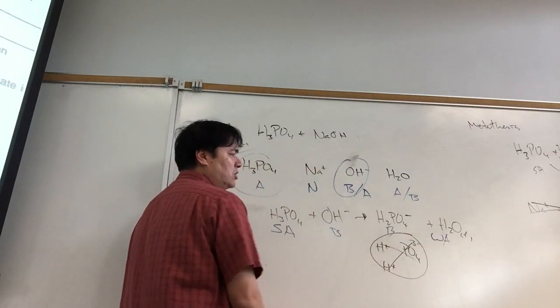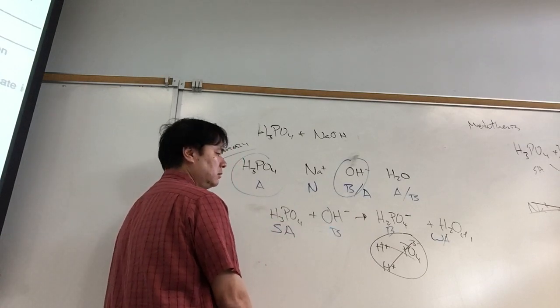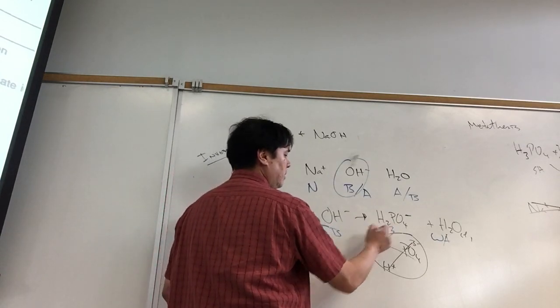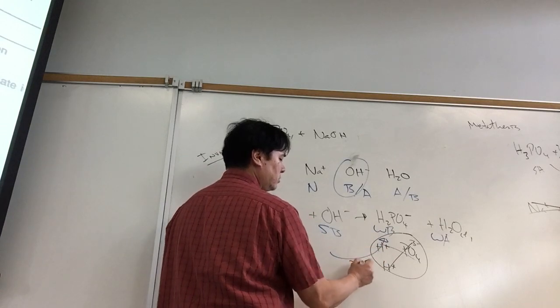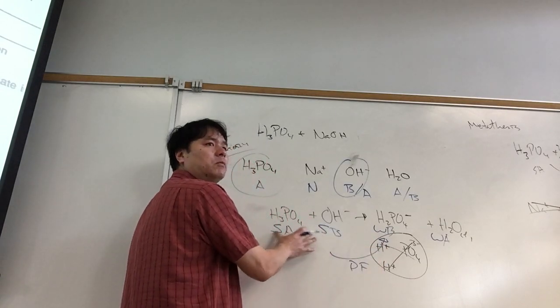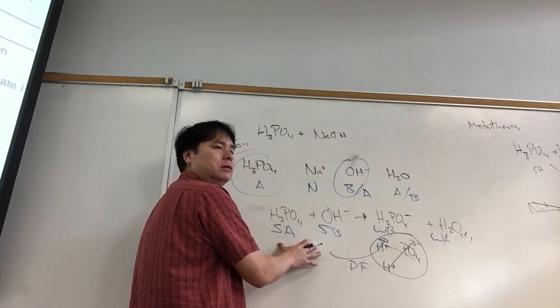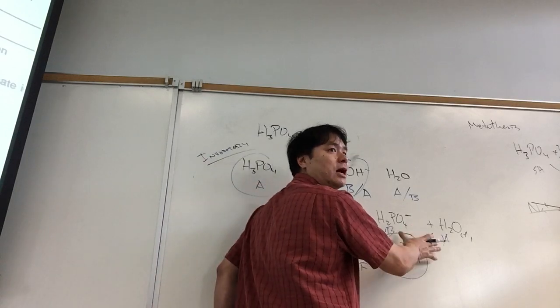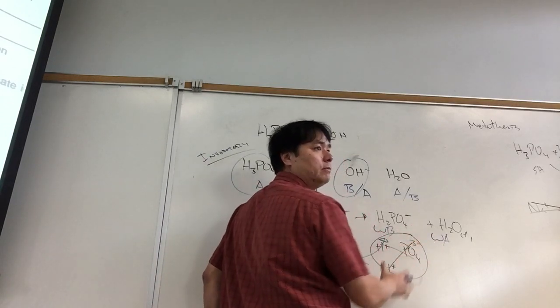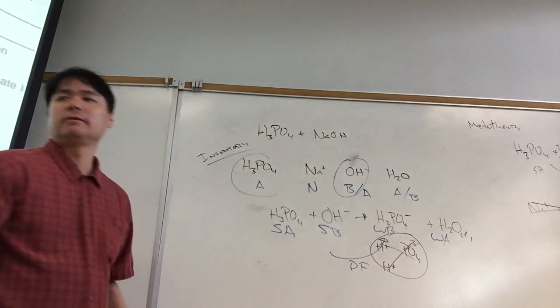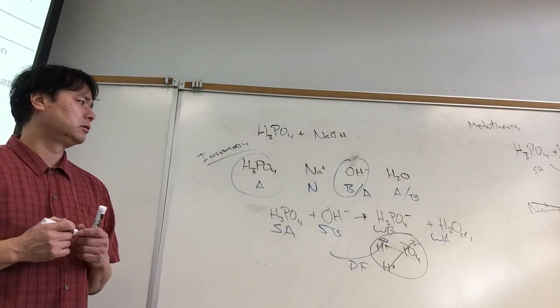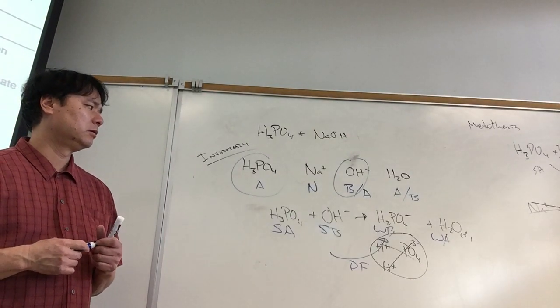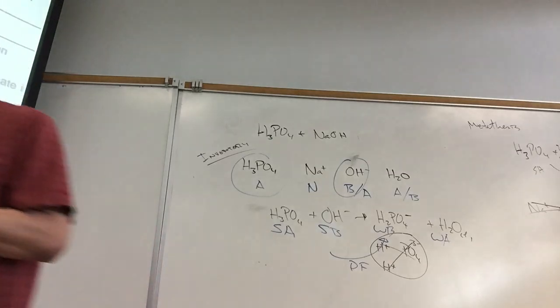Hydroxide versus H2PO4-. Hydroxide. And so what we have here is driving force. We're going from stronger, more reactive, less stable, to weaker, less reactive, more stable. And that's our driving force. Stronger to weaker.